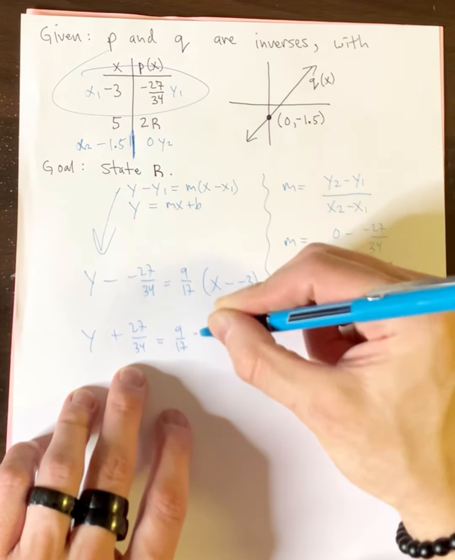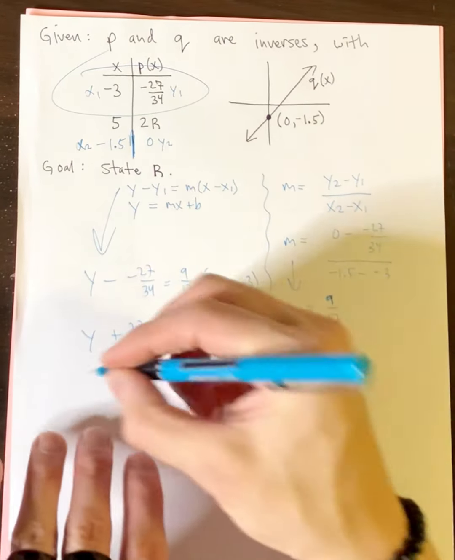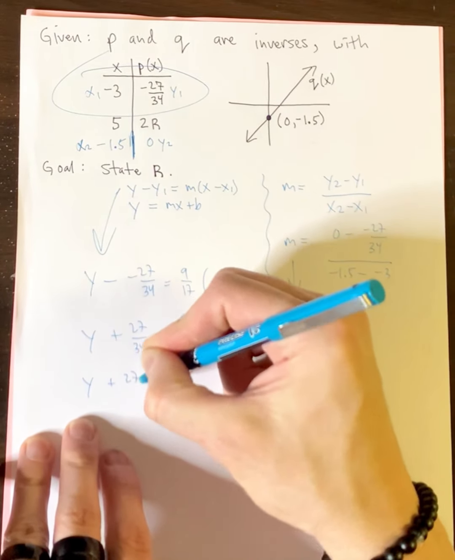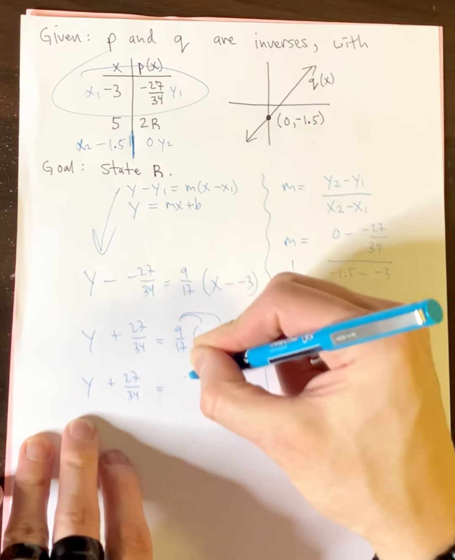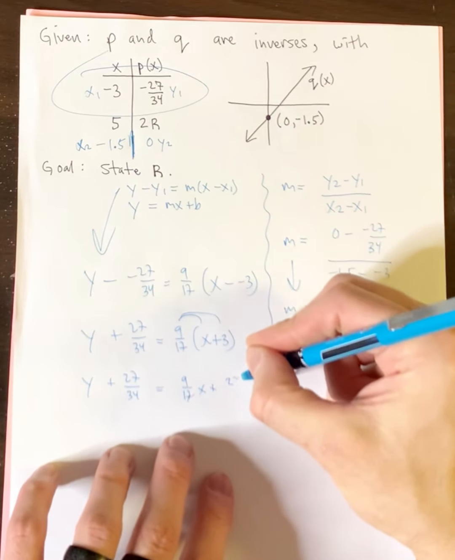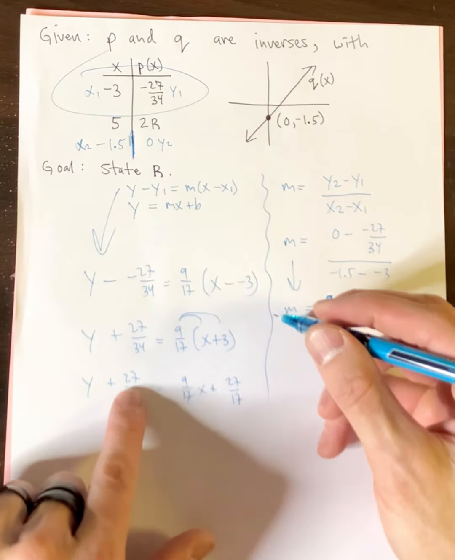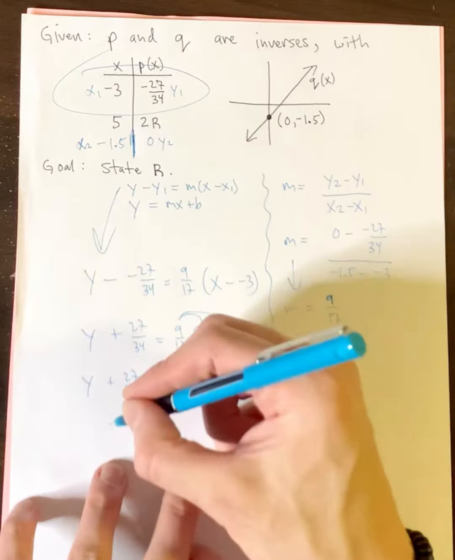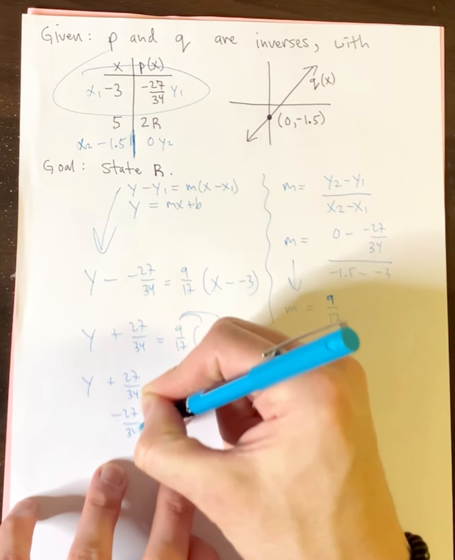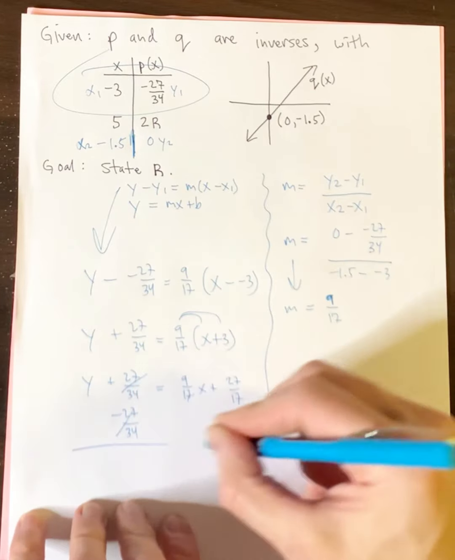19 over 7, x plus 3. If you want, you can distribute that fraction so that we get all of this here, 19 over 7 x plus 57 over 7. We can subtract this fraction from both sides. These are gone.